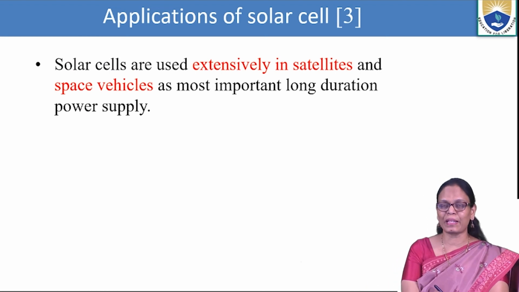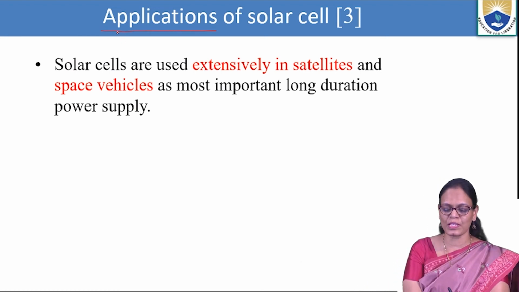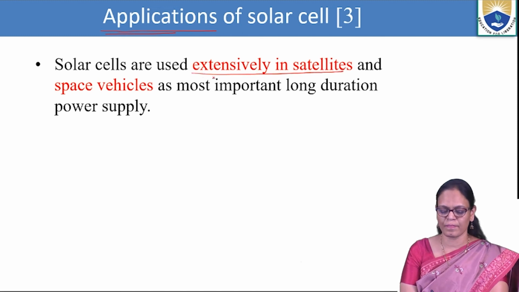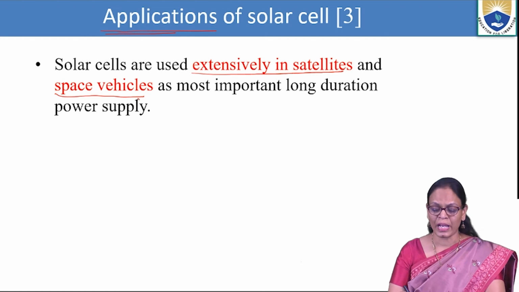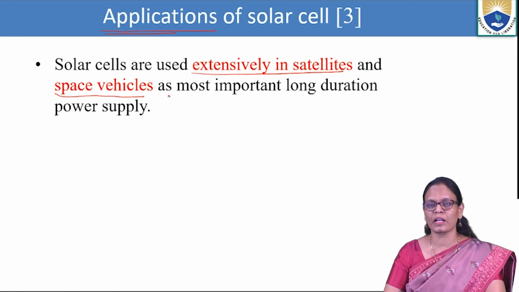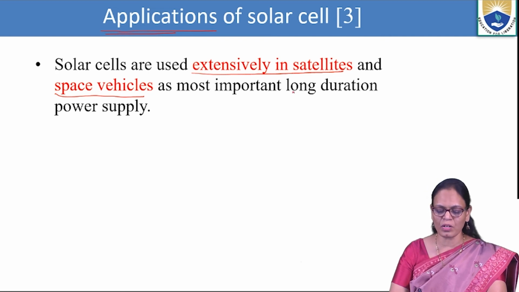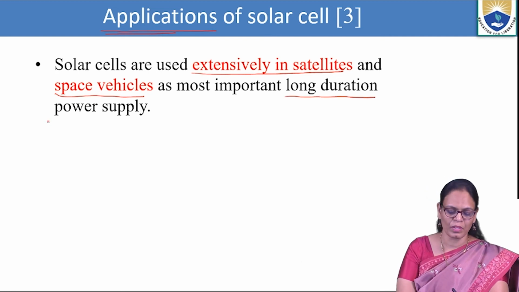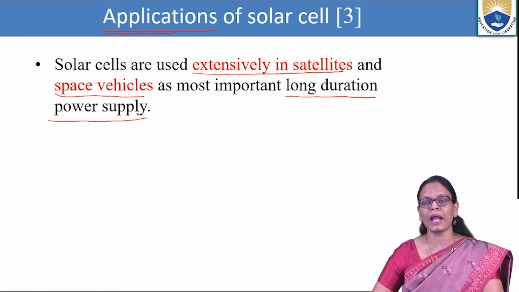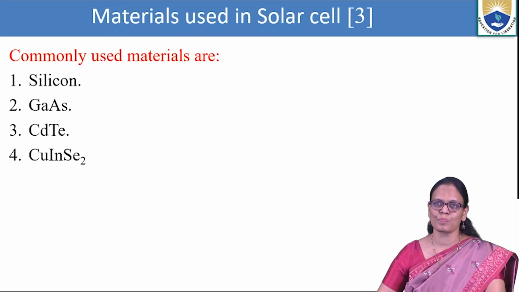Now coming to the applications, where all we are going to use the solar cells. They are extensively used in satellites and space vehicles, because they need a continuous, long duration power supply. That is why we use them in satellites and space vehicles.